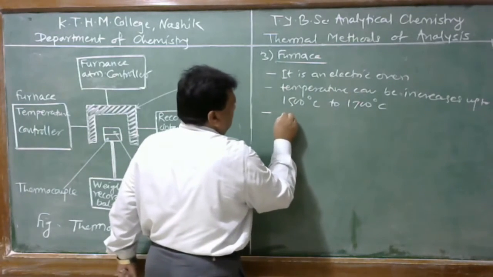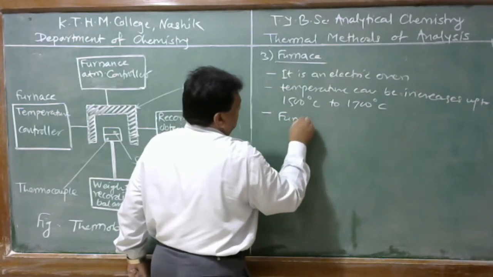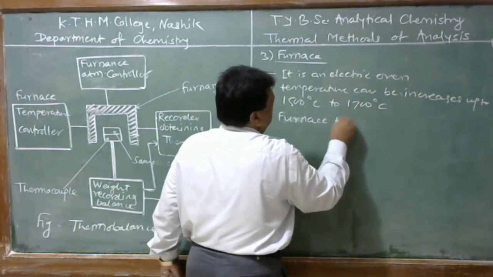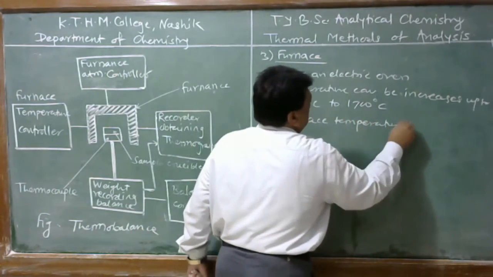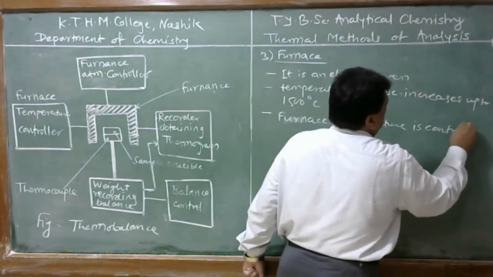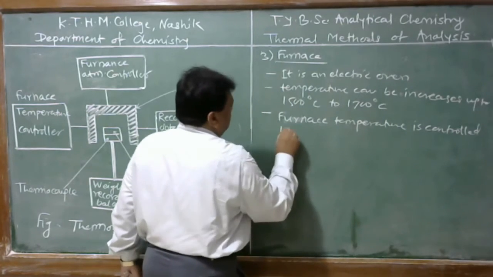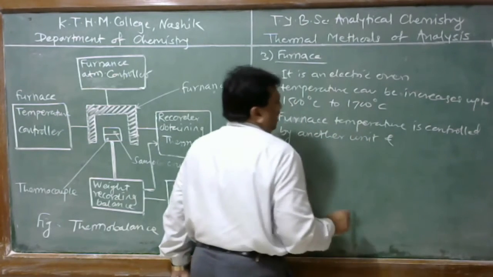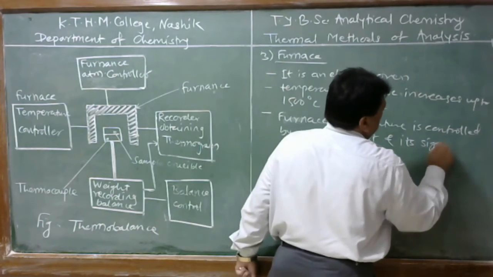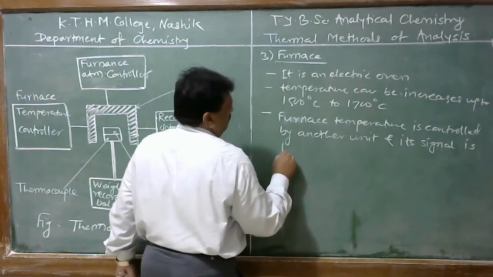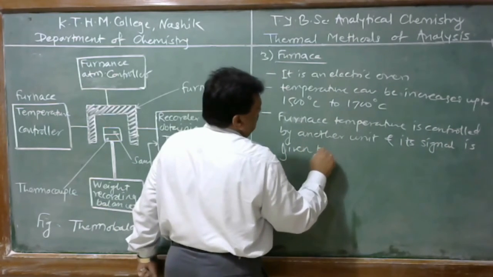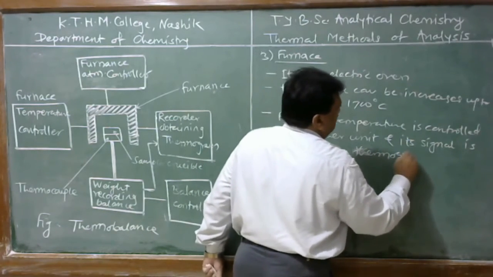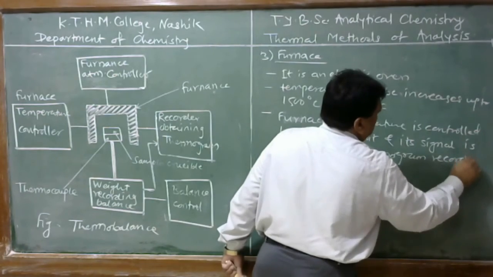Here in this case the furnace temperature is controlled by another unit, and its signal is given to the thermogram recorder.